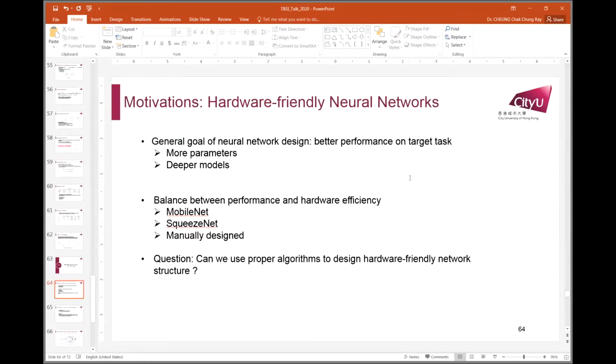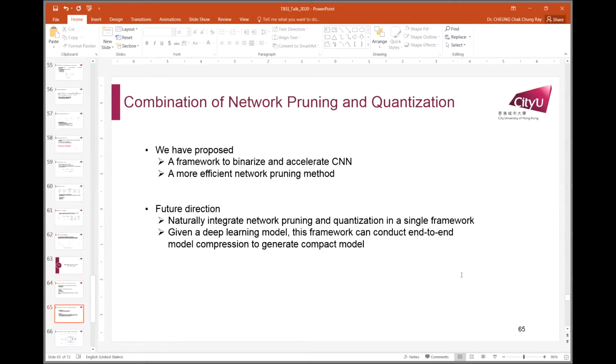So our goal is here. We want to have a new network design for more parameters and handling more different models. We want to see how we can create a hardware-friendly network structure. This is our current research goal, combined with the research with the RISC-V community. We have proposed two important works. One is called binarization to accelerate the CNN.